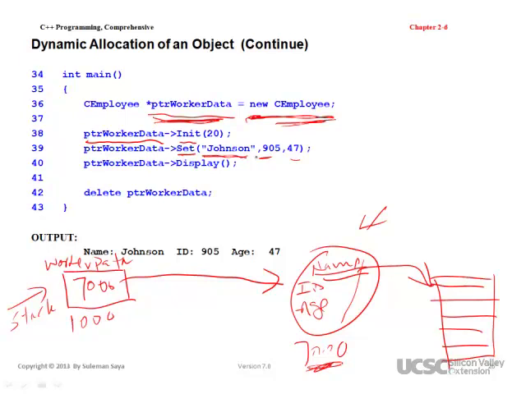The init function is the one which initializes the whole array with a null character. And then the set function initializes each element with each character. So J will go there, JOH, and SON, and then the last element will be the null.